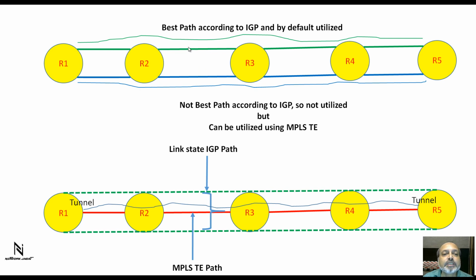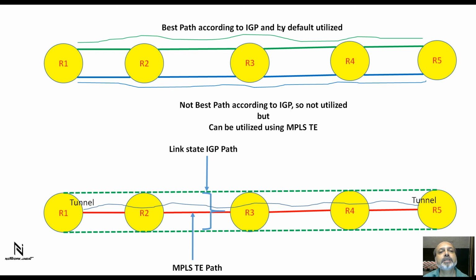Why? Because by default, the MPLS TE path cost will be the least cost IGP path, right? So it will be an equal cost load sharing. Only if we specify an auto route cost value for this MPLS TE path, then definitely this IGP path will be followed, because IGP will be getting the priority, right?